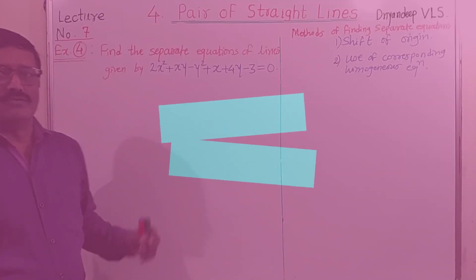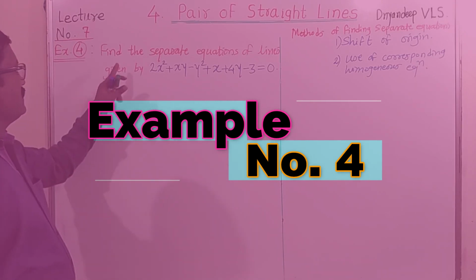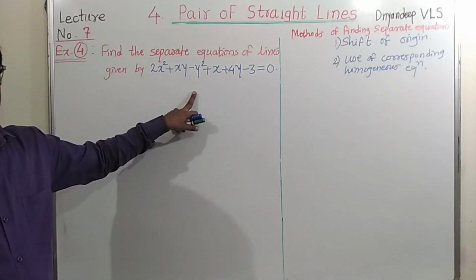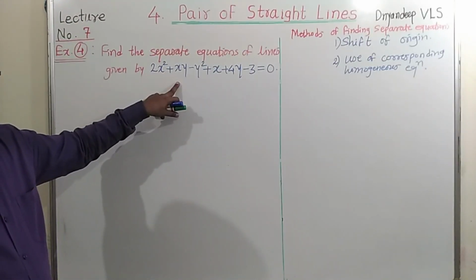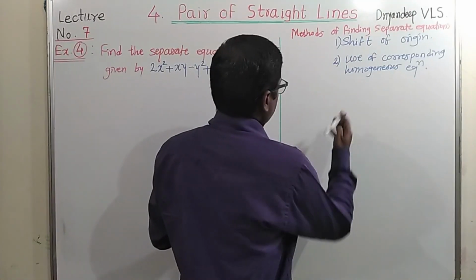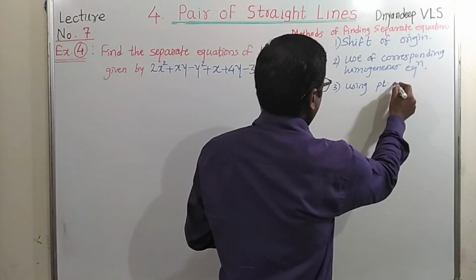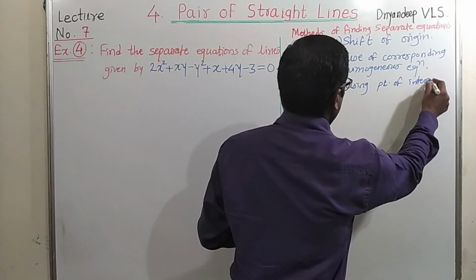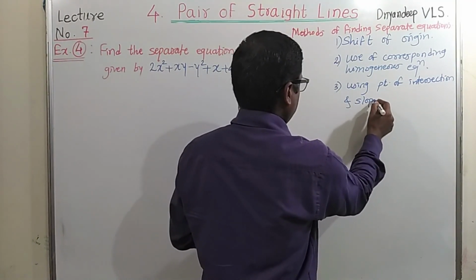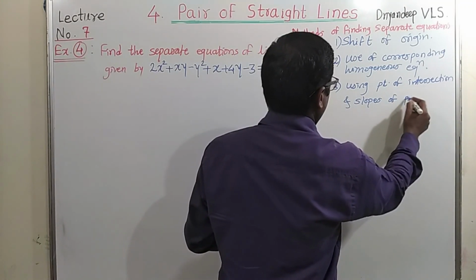Now we will solve this example number 4 by the third method of finding separate equations. In this example, the question is asked to find the separate equations of the lines given by this non-homogeneous or general second degree equation in x and y. Let us see the third method. In this third method, we use the point of intersection and slopes of parallel lines.